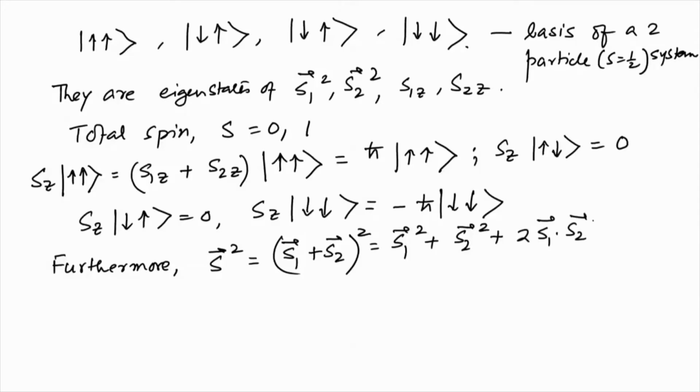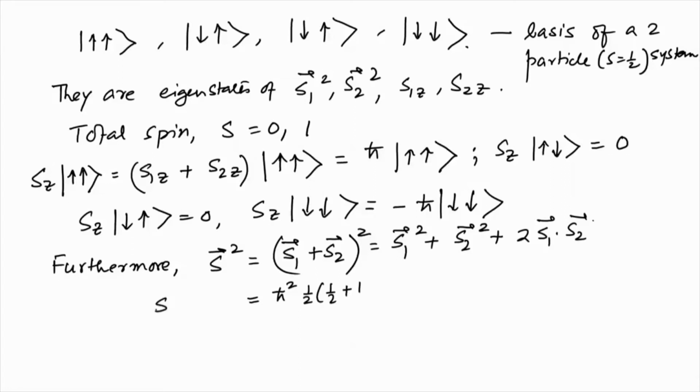S1 and S2 will commute with each other because they pertain to different particles. So, S1 square will be h cross square times half into half plus 1, it is S into S plus 1.